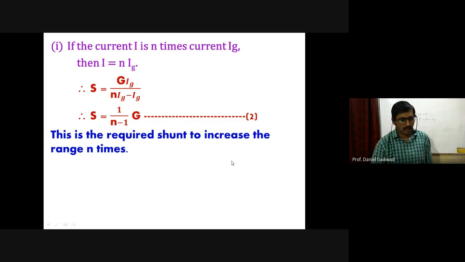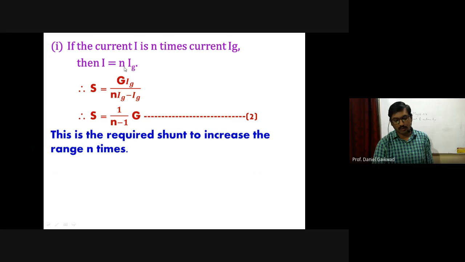Now we have some additional cases. Case one: if the current I, the range, is n times the current Ig, then we take I equal to n times Ig. Suppose n is 10, so the range of the ammeter should be I equal to 10 times Ig, or 100 times Ig.